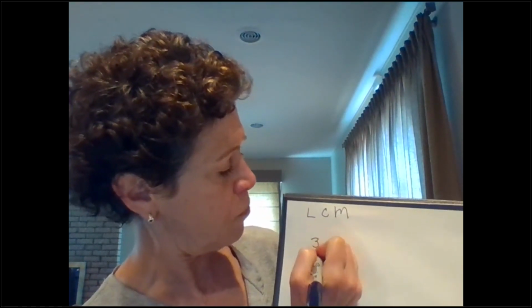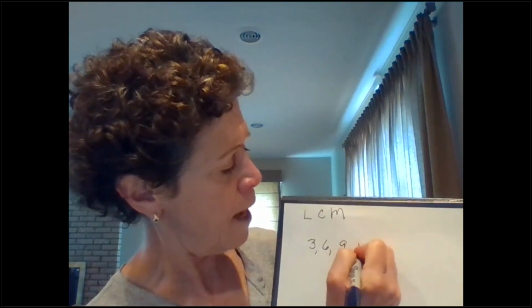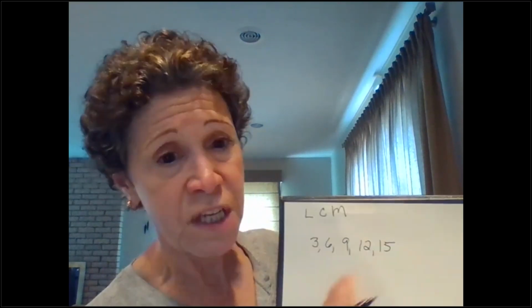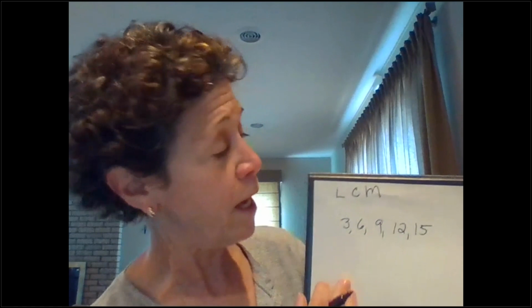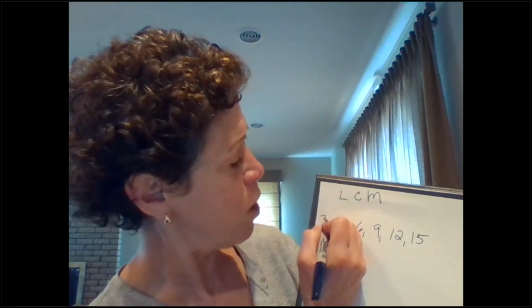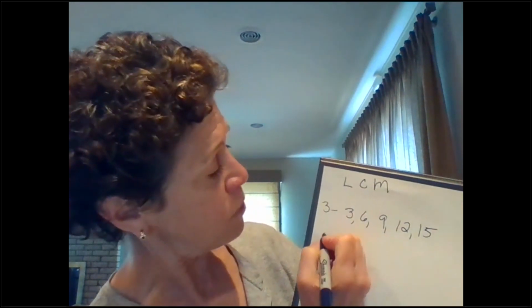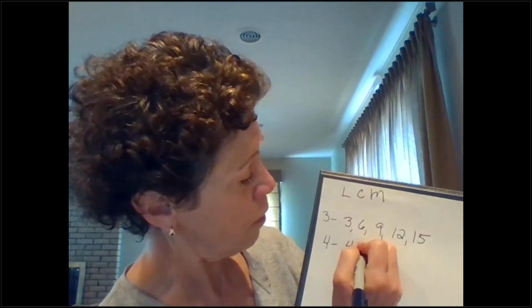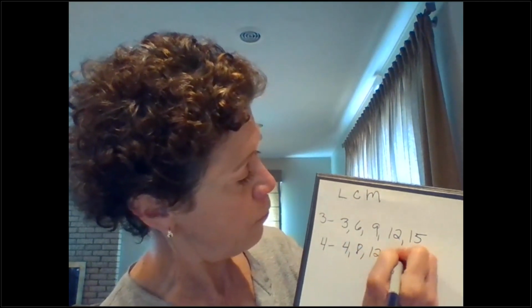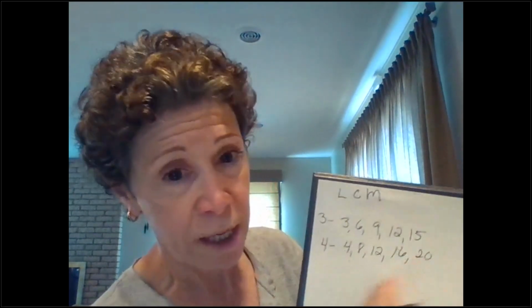So 3 would be 3, 6, 9, 12, 15, and so on. And if I was talking about 4, it would be 4, 8, 12, 16, 20.